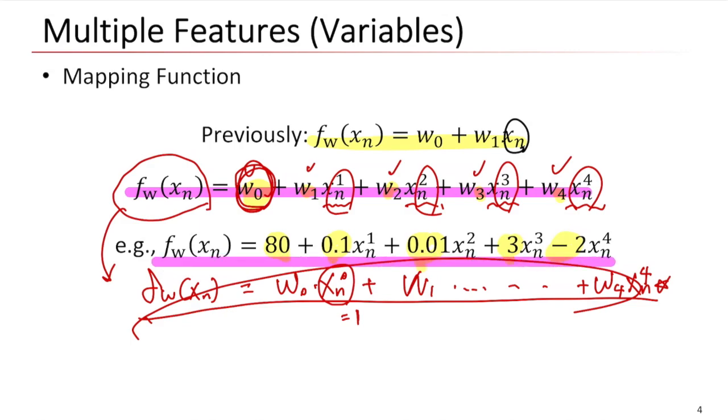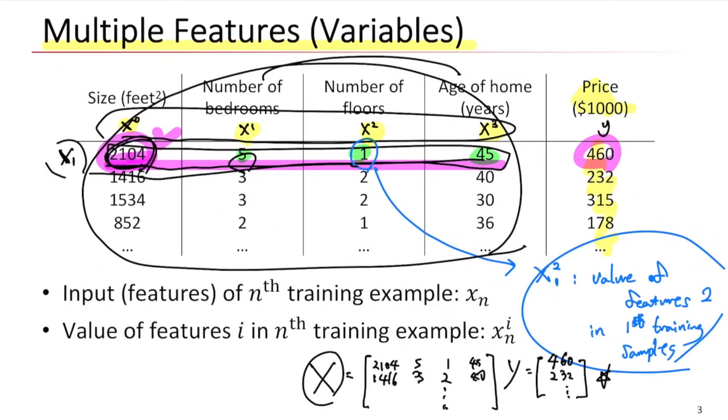Okay, you should be careful when you see this number. Actually, it's not a scale. I mean, this number 2 means the second position of the feature.